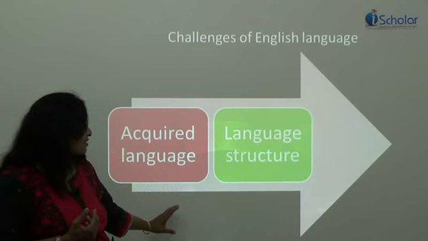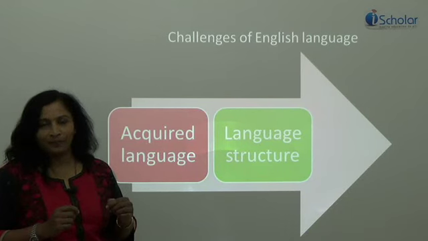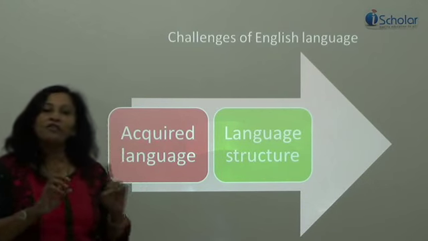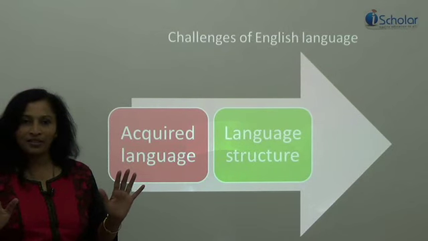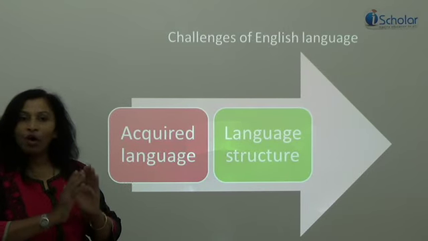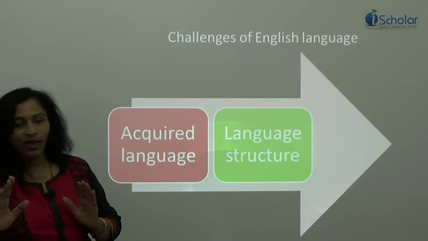Second thing is this, the basic language structure. The basic language structure of English is different from all Indian languages. The English language has a certain structure of subject, verb and object. Okay?